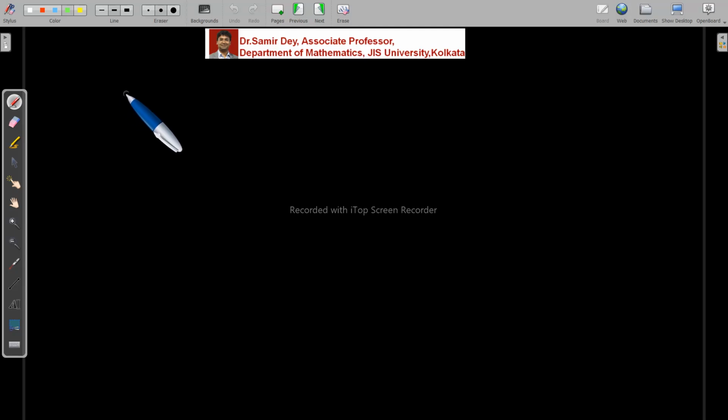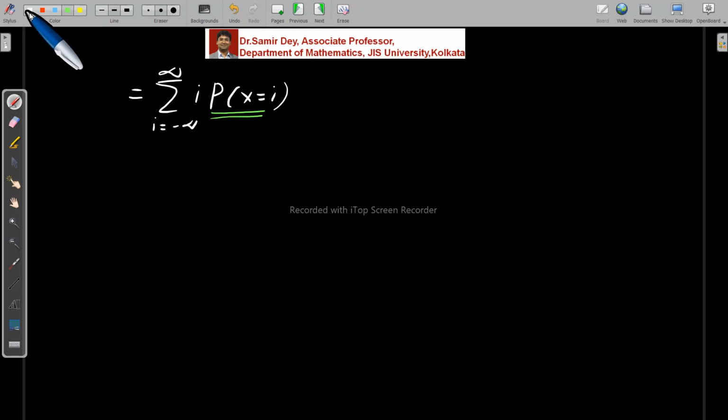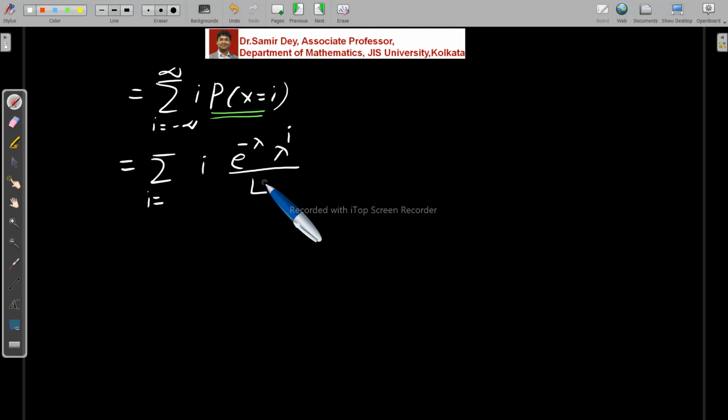So what about the last line? You have sum over i from minus infinity of i P(X = i). So already you know this is the PMF. What is the PMF for Poisson distribution? You may write i times e to the power minus lambda, lambda to the power i by factorial i.